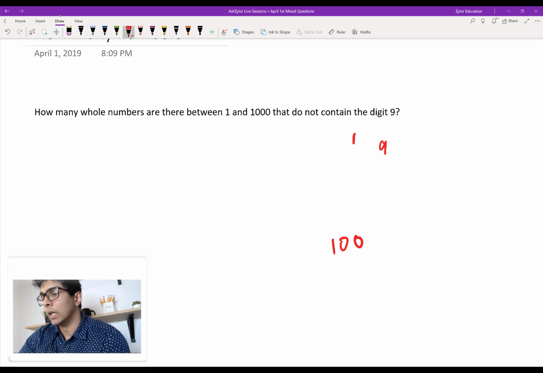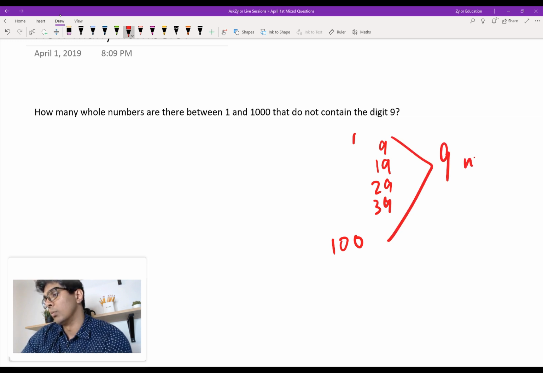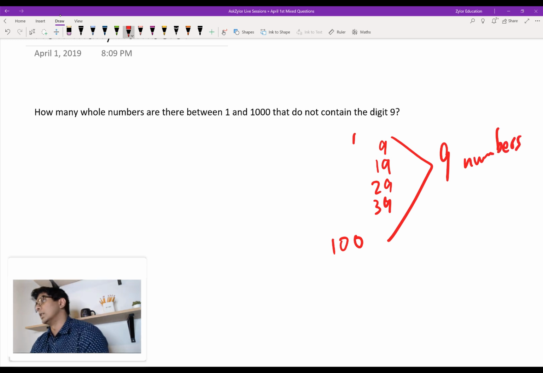So I know 9 contains 9, and then 19, 29, 39, and so forth. So that means I would see 9 numbers between 1 and 89 that would contain 9.